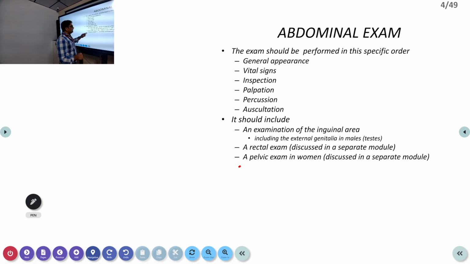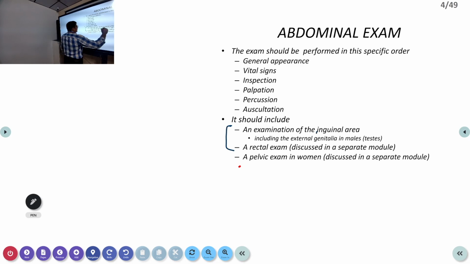That may not be required in all patients, but if the patient presents with abdominal symptoms, always do a rectal examination, especially if the patient has altered bowel habits. If the patient has constipation, or diarrhea, or spurious diarrhea, that is mucus in stools, always do a rectal examination. So these two things are important.